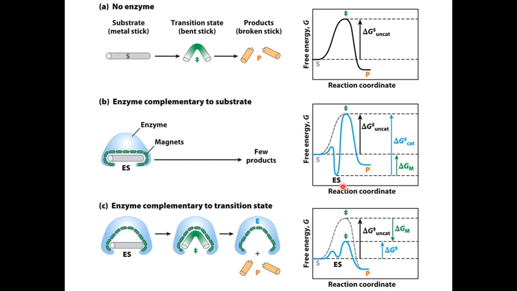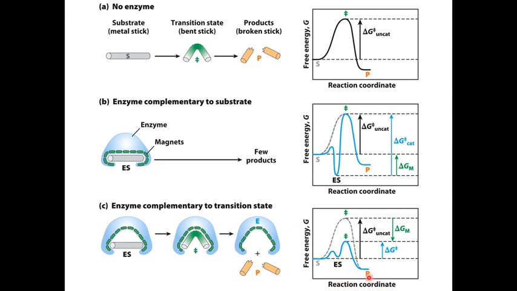And also, ES is not a stable form, because if it's a stable form, it takes much more energy to cross the transition state. So ES is about the same energy as that of S in this case, in which the enzyme has an active site that is complementary to the transition state.